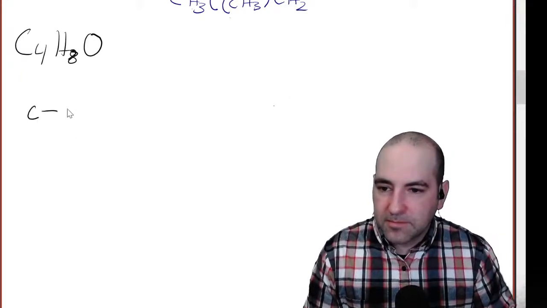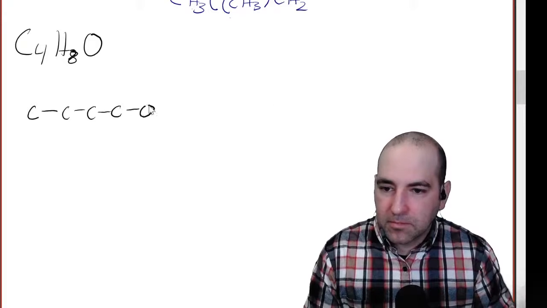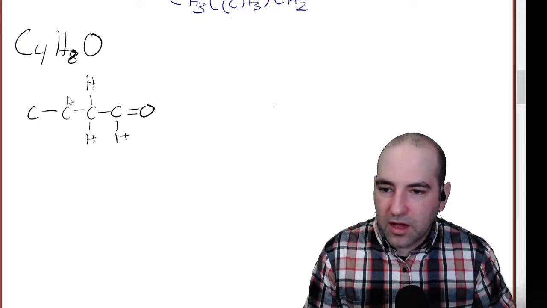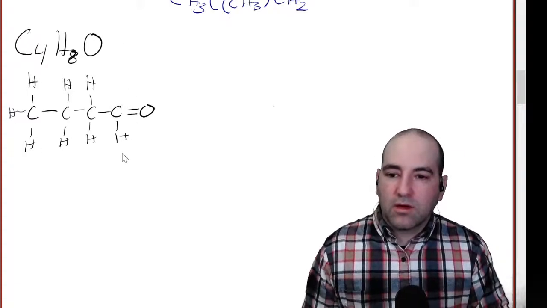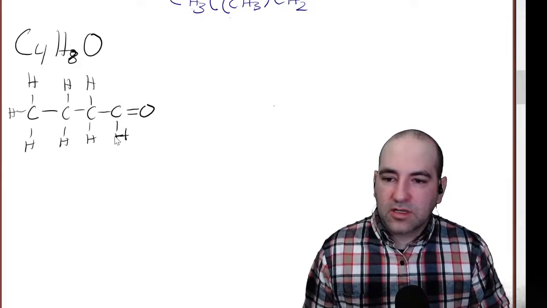So we've got this one. Remember, we had to put a double bond in there to make sure that we had enough bonds for the carbons. All right, and then we're going to draw this in a condensed form.